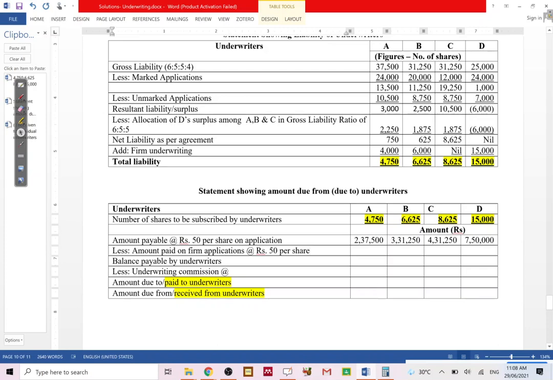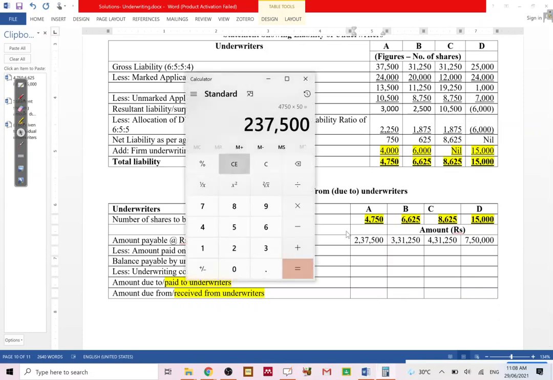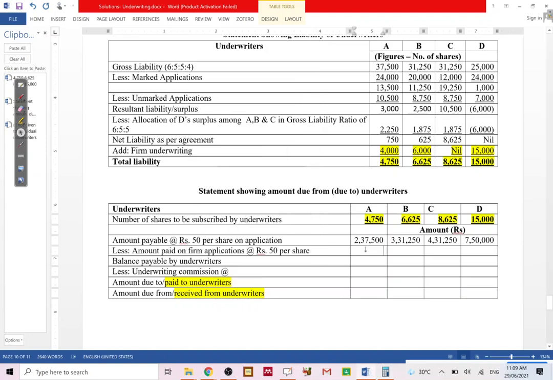Now, firm underwriting for A is 4,000, so 4,000 into 50 gives you 2 lakh. That means A is supposed to pay 2 lakh for firm underwriting shares.